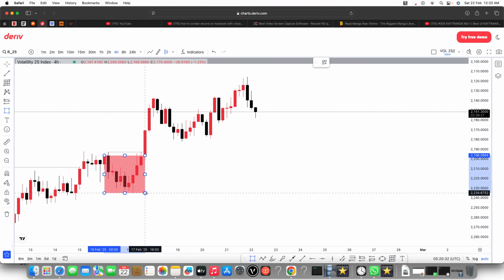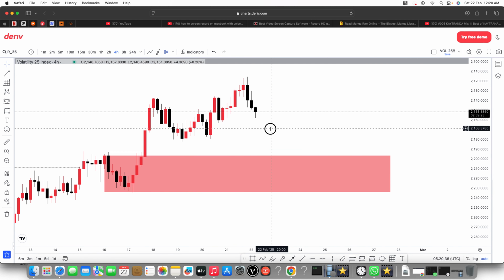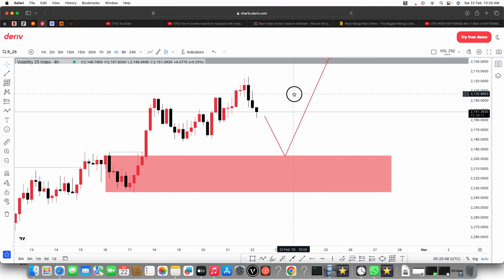And you know that would signify that this would have been the area of demand, where this market would need to pull back to push to the upside, in hopes that it has not created a second break of structure.